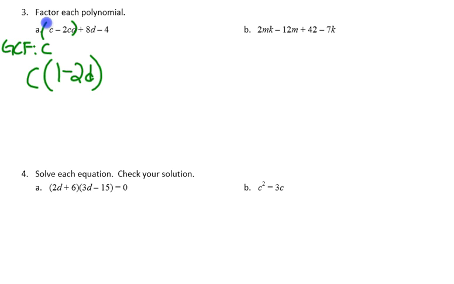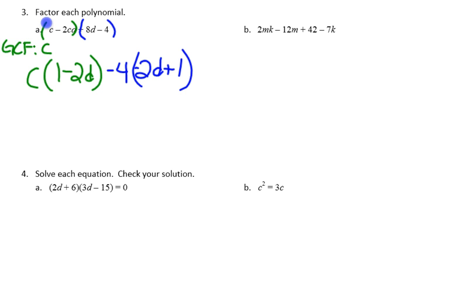All right, well, let's try over here, the blue group. In my blue group, I have 8D minus 4. This time I'm actually going to pull out a negative 4, and I will show you why in a minute, because I need what's inside these parentheses to match. So if I pull out a negative 4, I'm left with negative 2D plus 1.